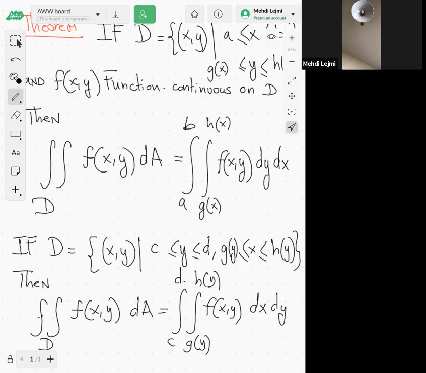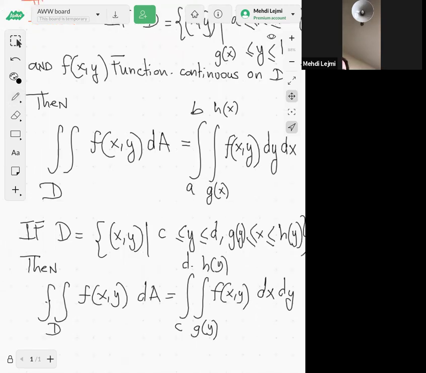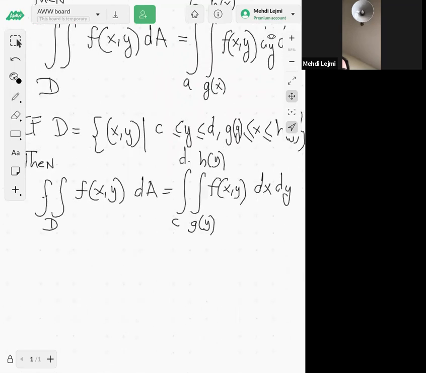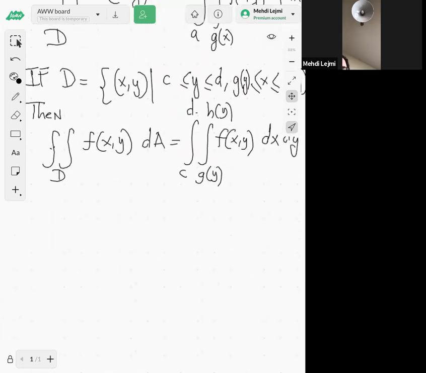Well, we can prove this theorem, but before the proof, we can first do some examples. Let me do a numerical example, and then we'll see how it goes. So examples.